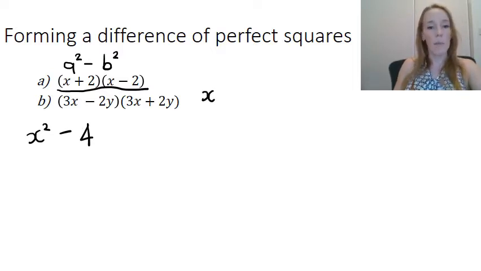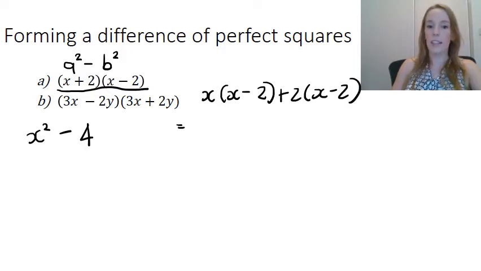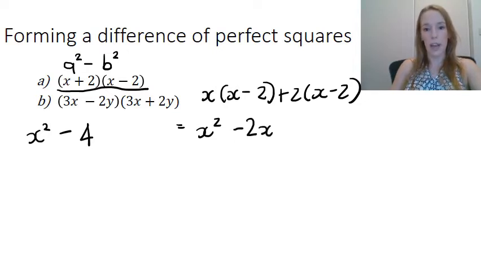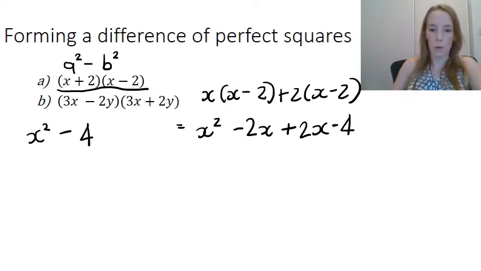So for a start, we're just going to work this out like we're doing binomial products. Plus 2, x take 2. So x times x is x squared. x times negative 2 is negative 2x plus 2x, because 2 times x is 2x, and positive 2 take 2 is going to give us negative 4, sorry.